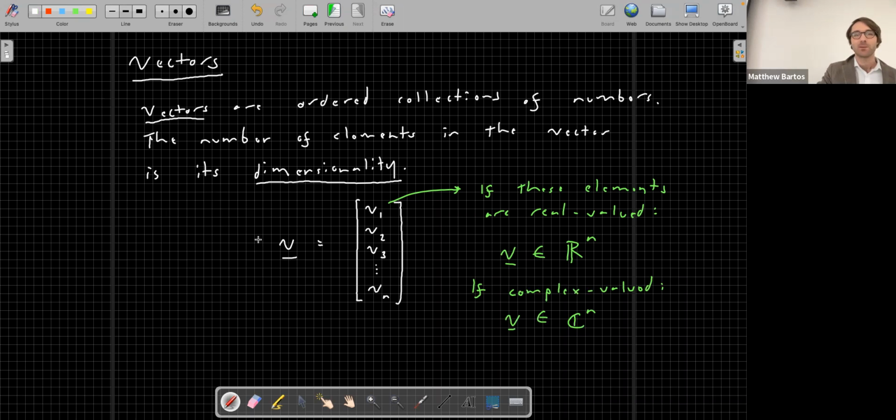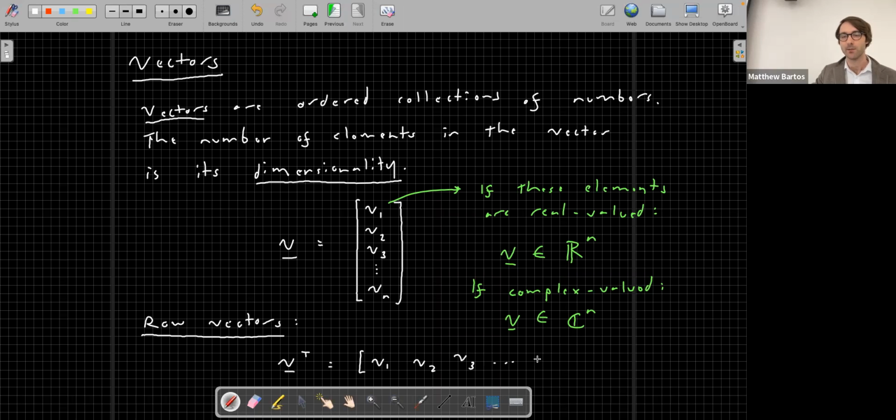And if we want to talk about row vectors, I will denote them in this class by taking the transpose of an existing vector. So if I want to talk about a row vector, one that is arranged horizontally, I will say v transpose, where you have elements v1, v2, v3, all the way through vn.